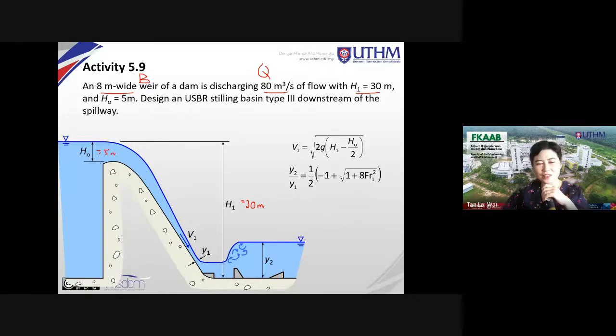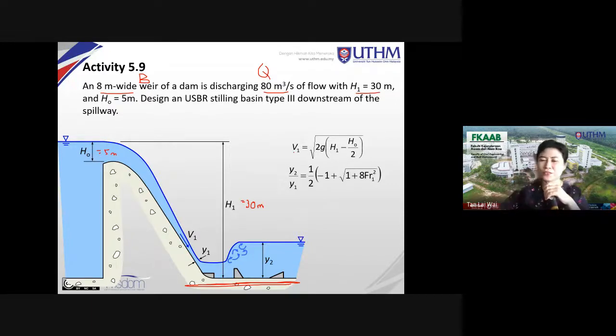5 meter is like 3-4 times of us. Okay. It's high. Okay. So design a USBR stilling basin type 3 downstream of the spillway. So you have to design this. Okay. So I need to find V1.